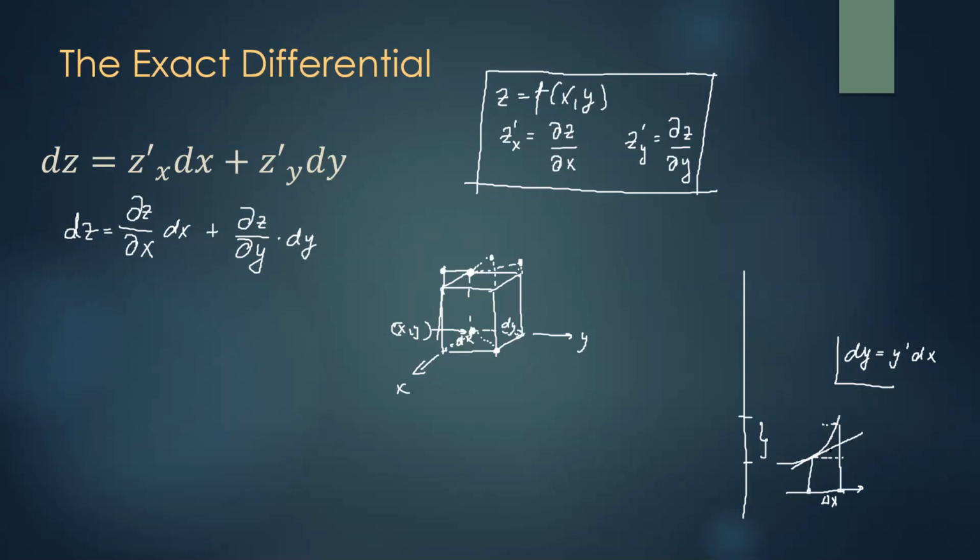But for the sake of simplicity, for the sake of approximation, we take only the principal part, only the part of the increase of the function, not from the old value to the new value, but from the old value to the value on the tangent line. That was the differential of the function.